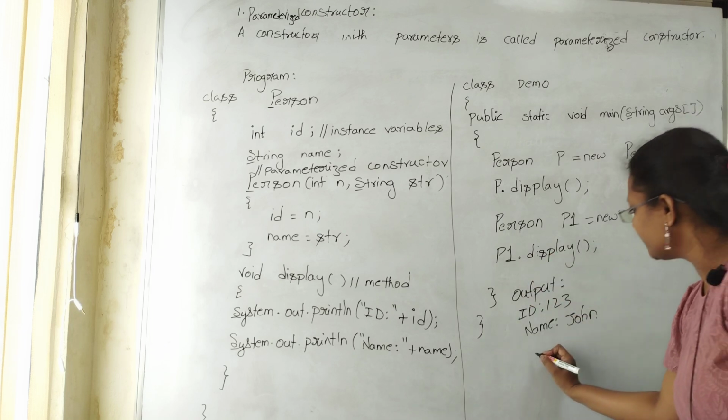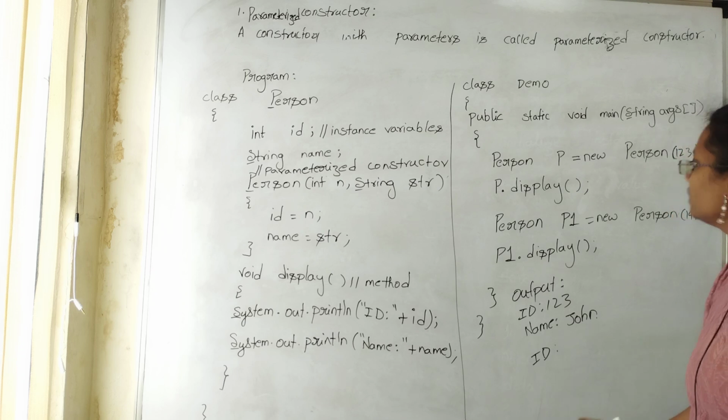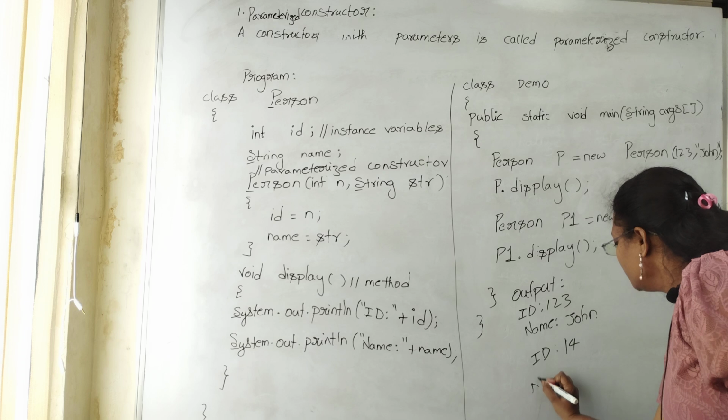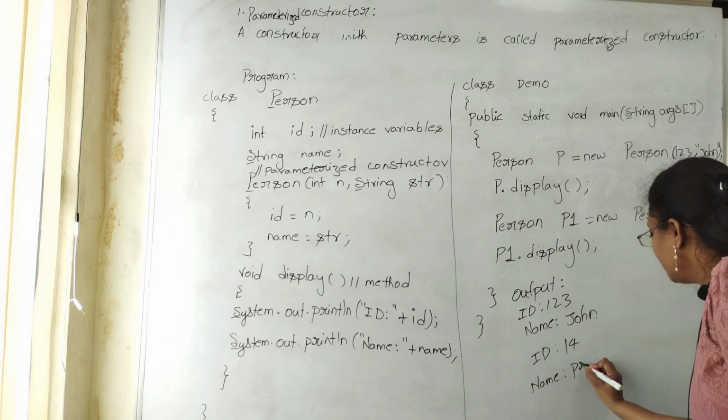When it calls the second object, it is going to print id as 14 and name as Priya.